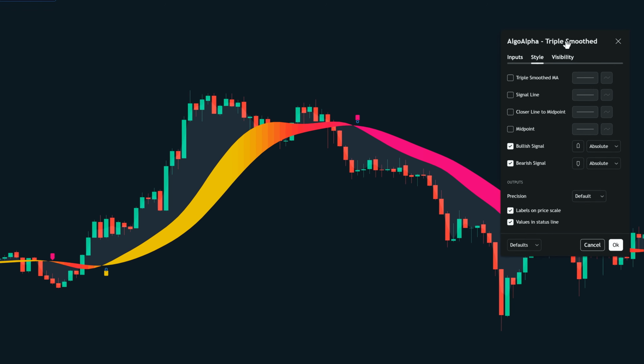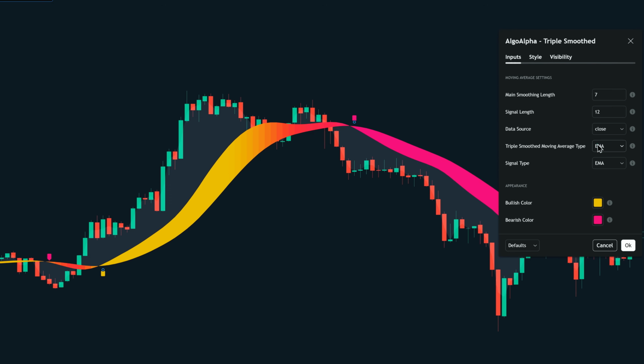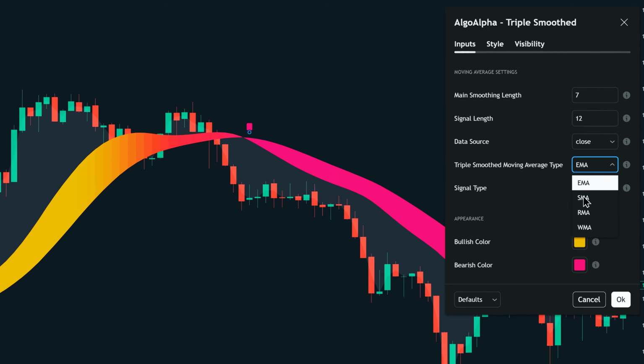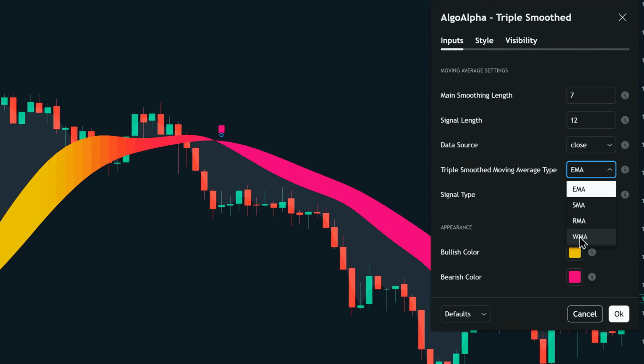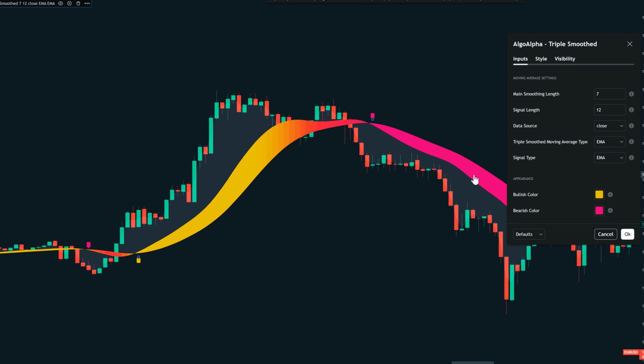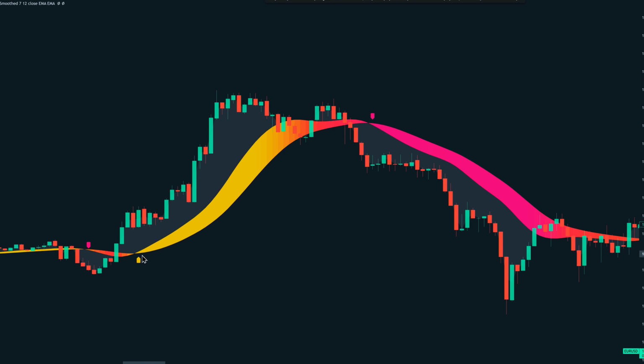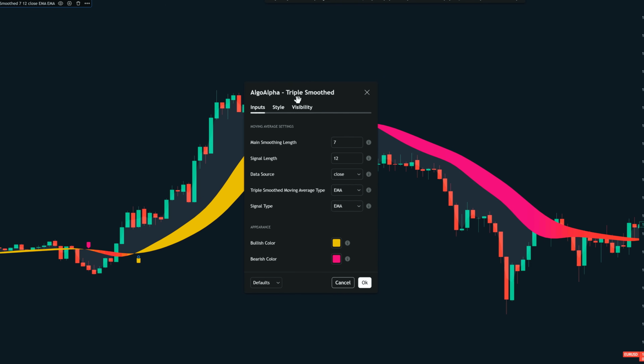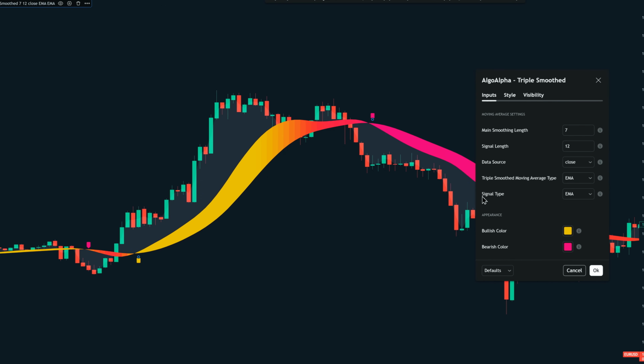The moving average can be selected right in the settings, whether you prefer EMA, SMA, RMA, or WMA. And this triple smoothing effectively reduces short-term fluctuations and market noise, revealing the underlying trend with greater clarity. After this triple smoothing is done, the indicator calculates a signal line by smoothing the triple smoothed moving average further with another moving average.